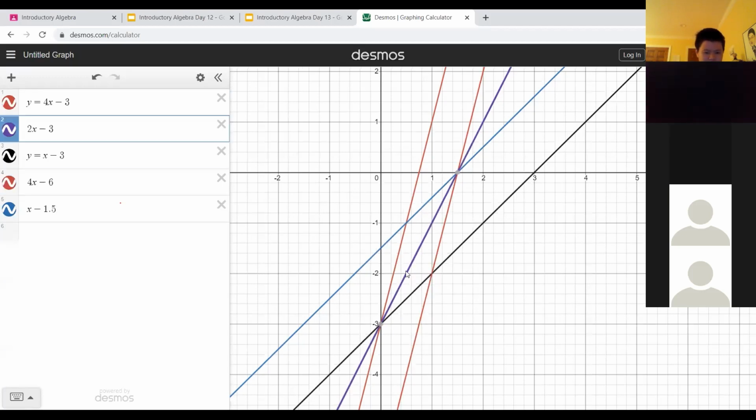Now you see that all these changed by the x go through the same x-intercept and y-intercept, I mean the one squished or expanded vertically.